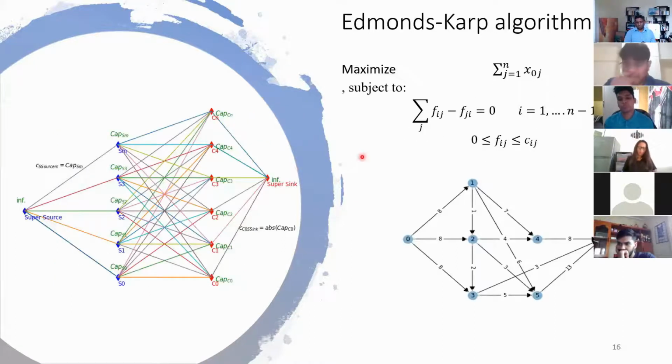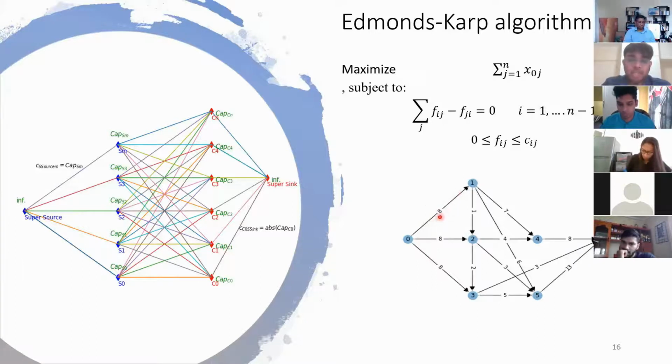So with regards to the Edmonds-Karp algorithm, the objective is to maximize the amount of flow of some commodity from source to sink, such that the constraints are met. So let's look at this figure here. You have edges, and these edges have a capacity or their weights.